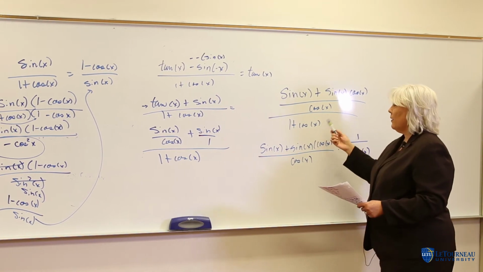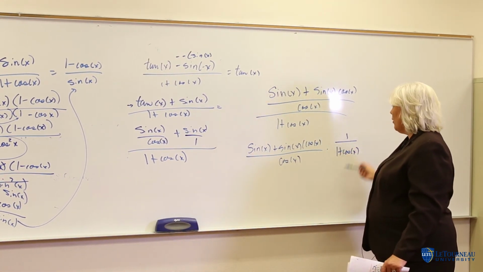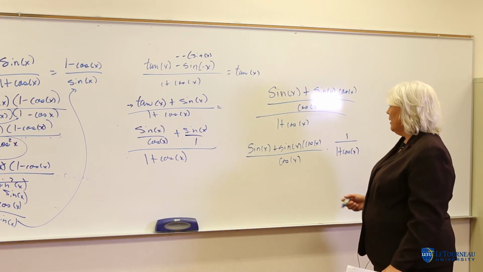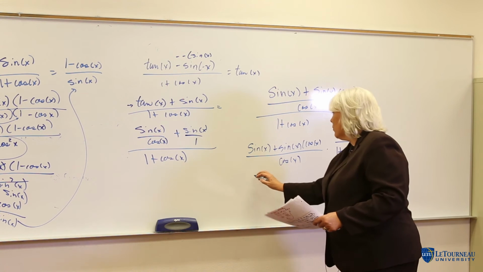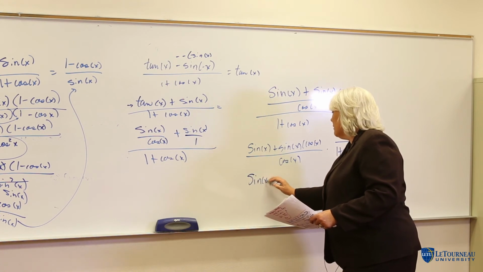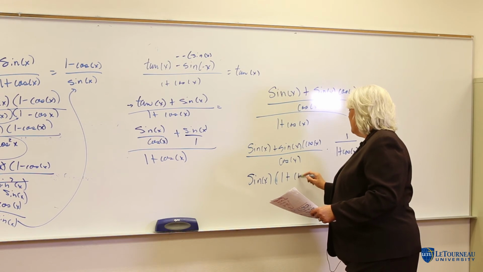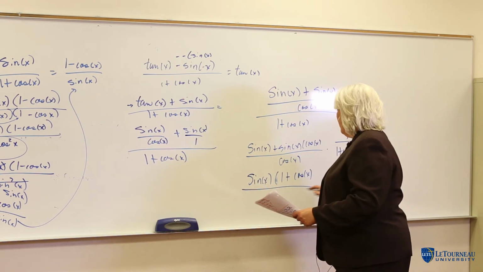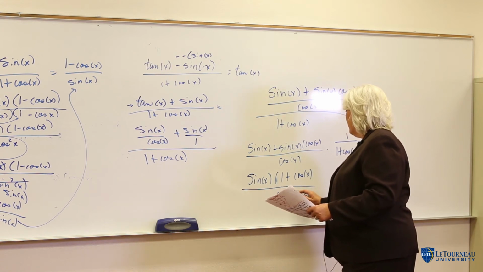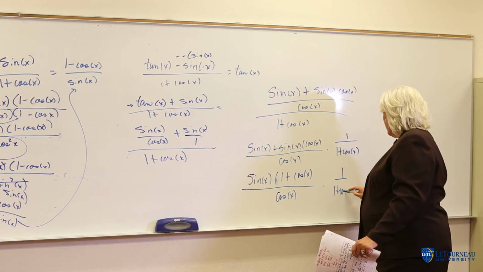Just think about it: if I'm dividing by 1 plus cosine x, I'm going to multiply by 1 over 1 plus cosine x. Then I'm going to factor. I'm going to factor out a sine, which gives me sine x times (1 plus cosine x), all over cosine x, times 1 over 1 plus cosine x.